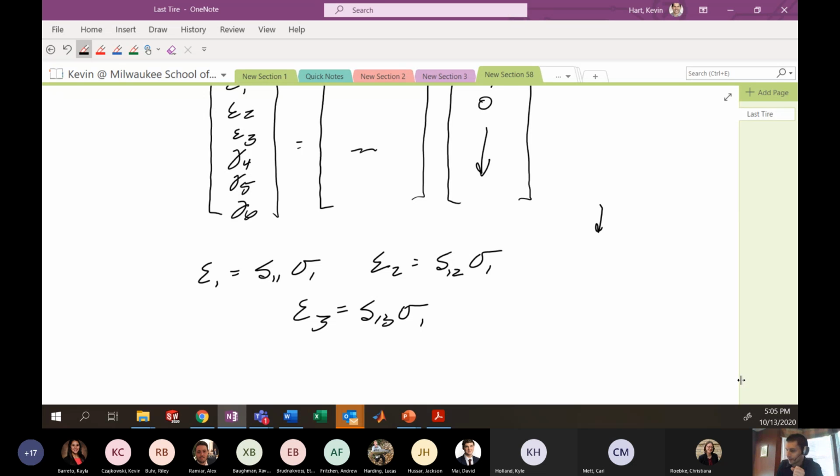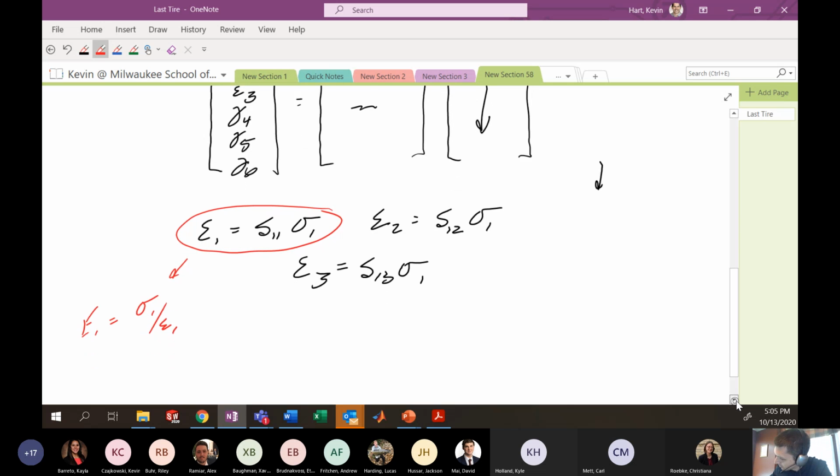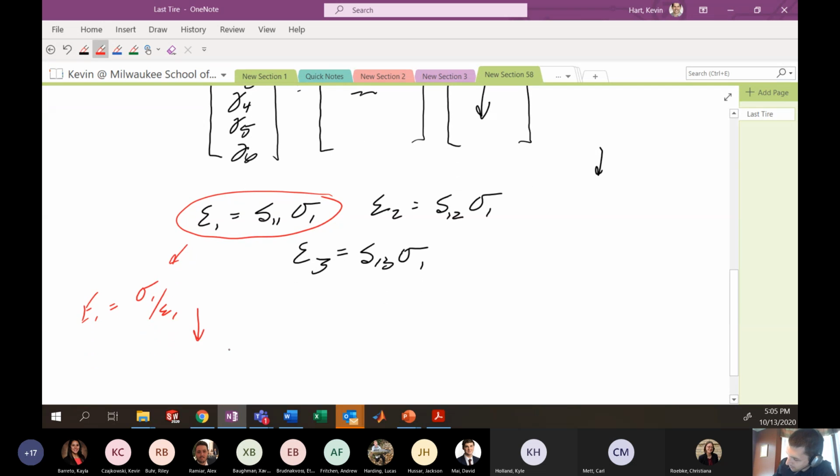And then our general idea here is if we want to look at, let's say, this guy over here, we know that our modulus in the one direction is simply the stress divided by the strain in the one direction. So we might simplify this down to show that S11 is simply 1 on E1.